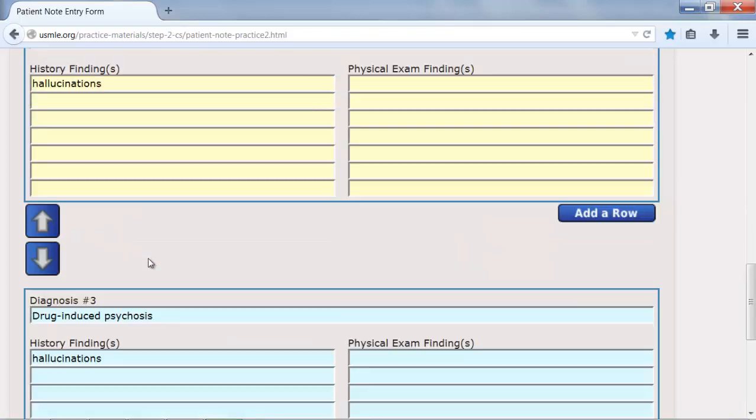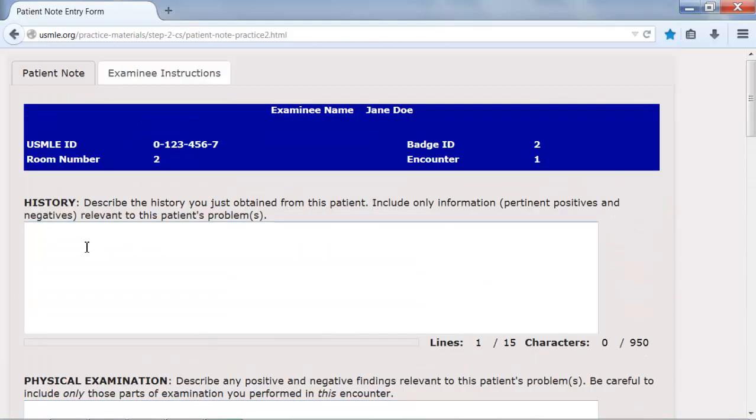Okay, now we go to our history of present illness. So this is hallucinations.